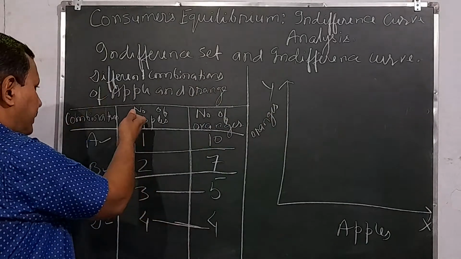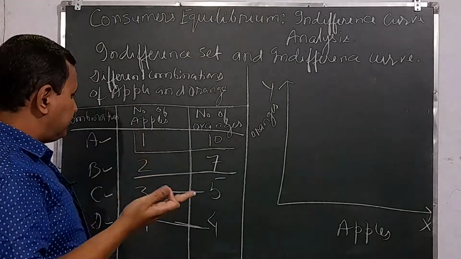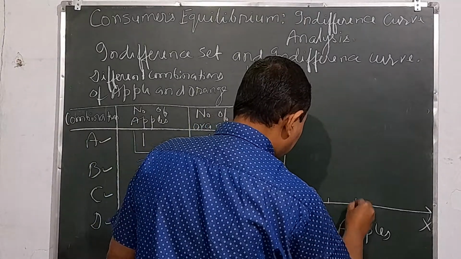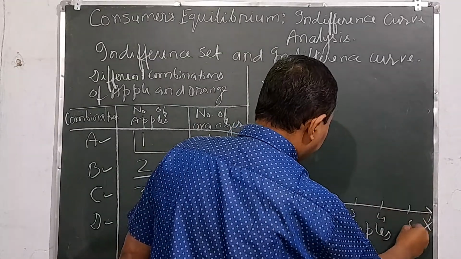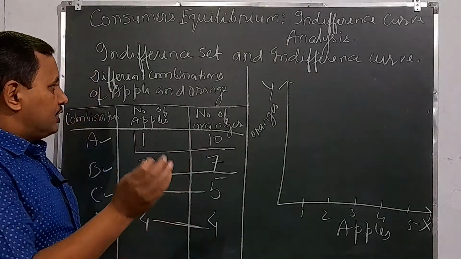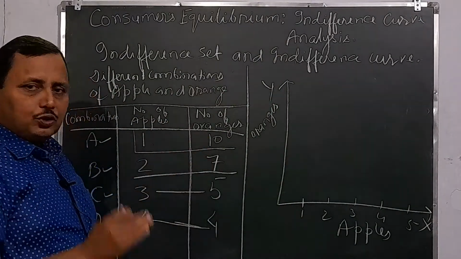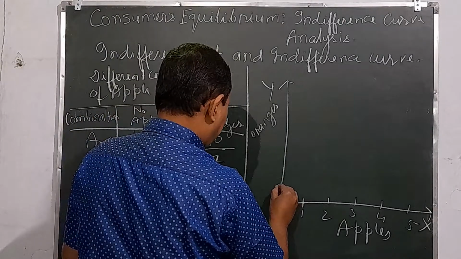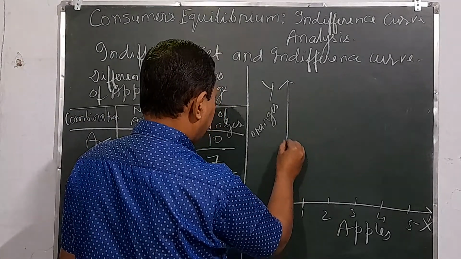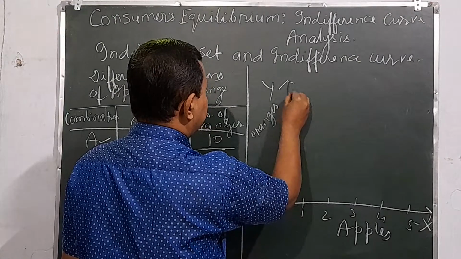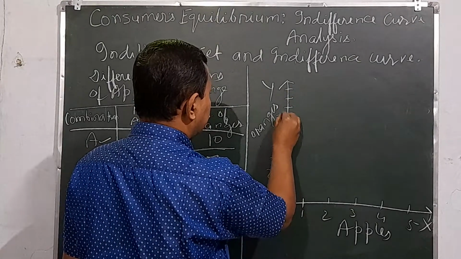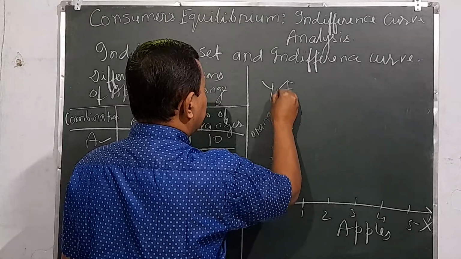Here the consumer is consuming 4 units of apple, so we take the scale accordingly: 1, 2, 3, 4, 5. The consumer is consuming a maximum of 10 oranges, so we take the scale accordingly: 1 to 10.